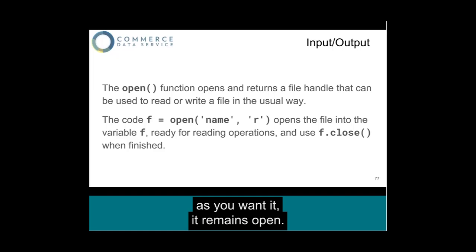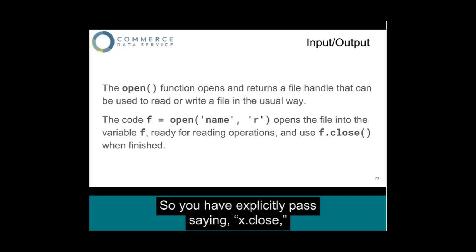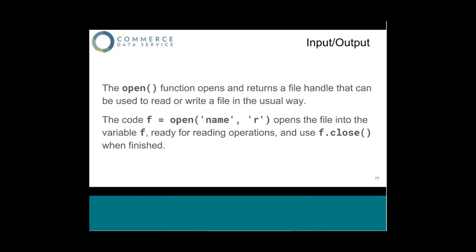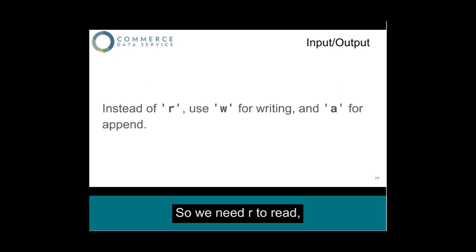As you run it, it remains open. So you have to explicitly call f.close to close that file once you're done writing to it. So we can use R to read, we can use W for writing, and we can use A for append if we want to add to a file.